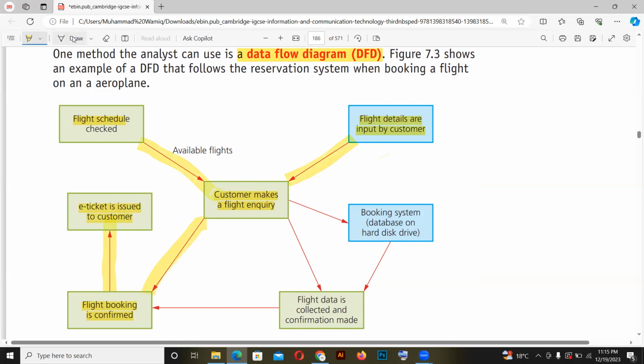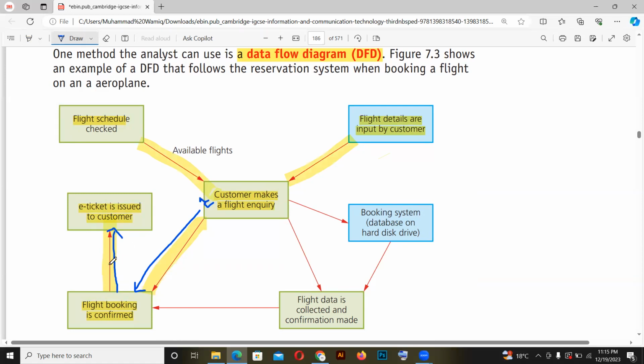So in the data flow diagram, you can see the exact flow of your program, right? Like for example, the first thing is that I need to do this, and then I need to go to my second step, that is whether the flight booking is confirmed or not, and that's the third stage, right? So it basically shows you the stages as well.